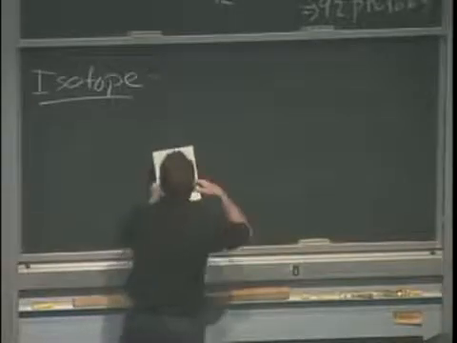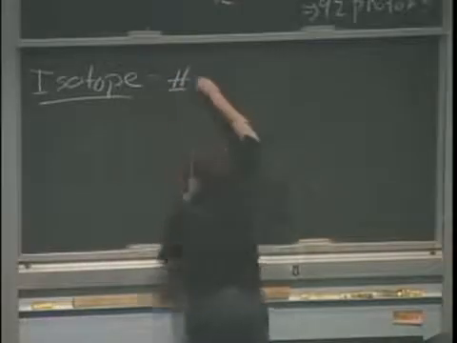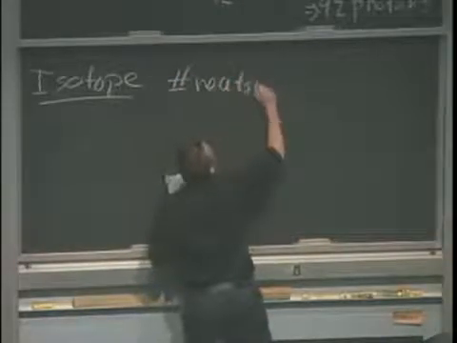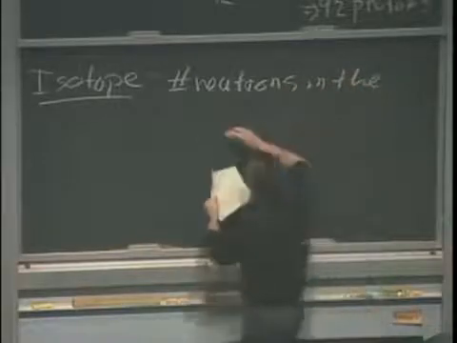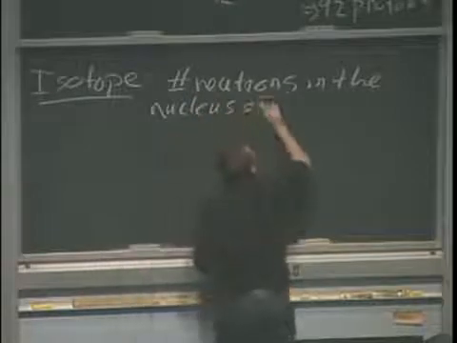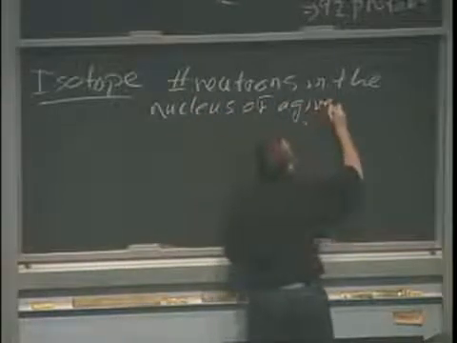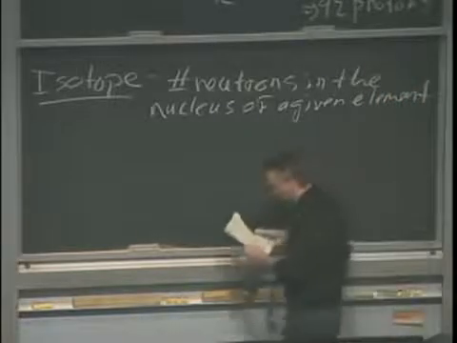So an isotope is determined by the number of neutrons in the nucleus of a given element. Okay.